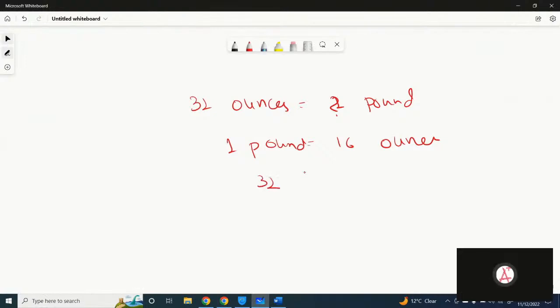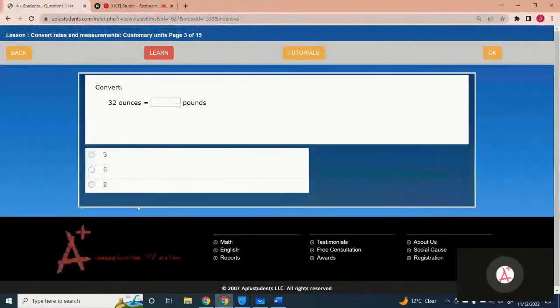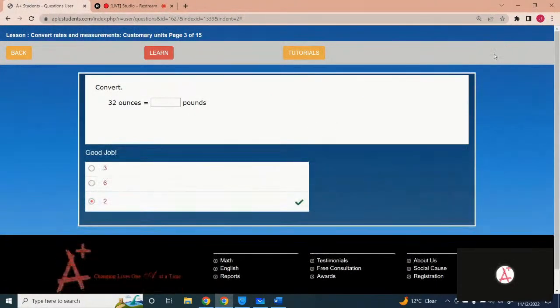So 16 times 2 makes 32. So 1 times 2 makes 2. So 32 ounces equals 2 pounds. Got it? Just select the correct option and click on the OK button.